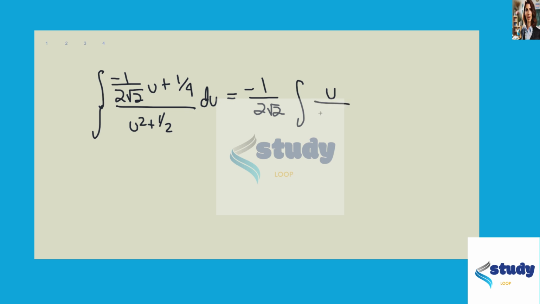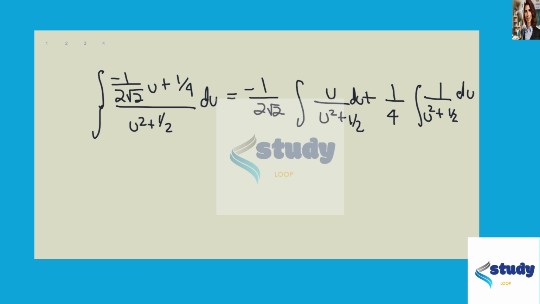U squared plus 1/2, and then let me pull out that 1/4. So just splitting this integral up into 2. Let me write this as 1/2 again, and then du as well. Du here too.